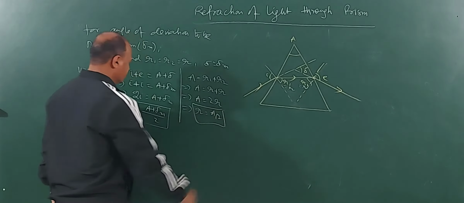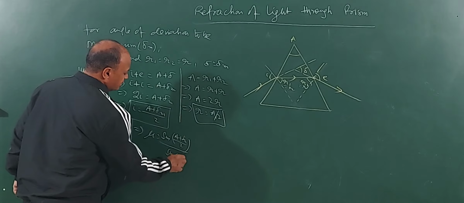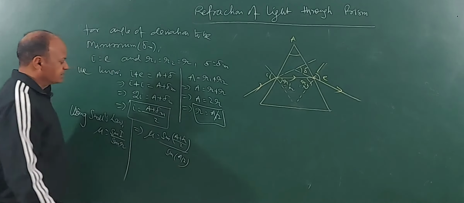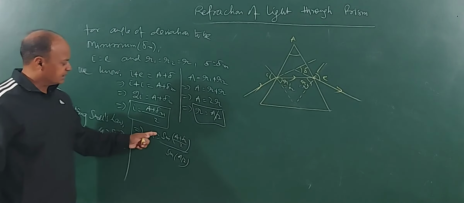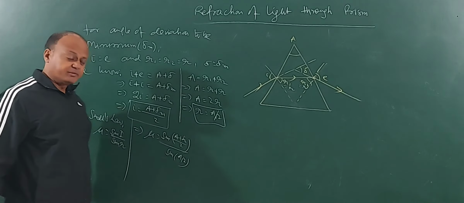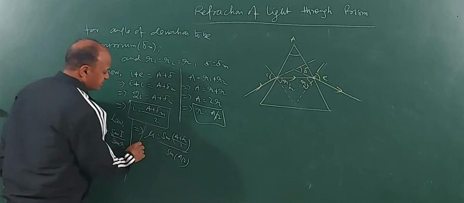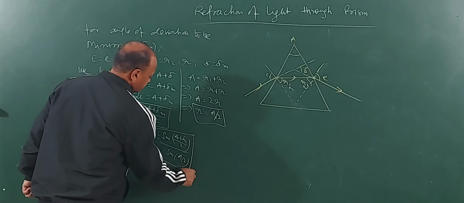I is A plus delta m by 2, so sin of A plus delta m by 2, and R is A by 2, so sin A by 2. So this is an important relation that we get: mu equals sin of A plus delta m by 2 divided by sin A by 2. Very important formula. They will also ask you to prove this.